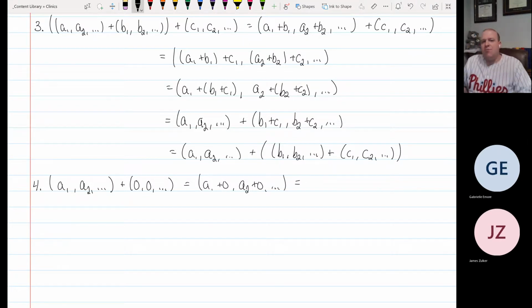And we know what happens if we add a real number to zero. We just get that real number. So there's our additive identity, the infinity tuple of zeros.